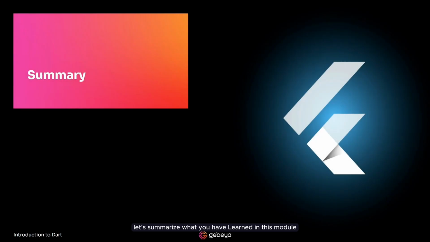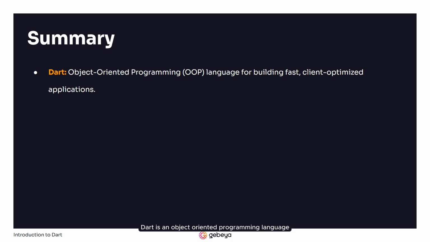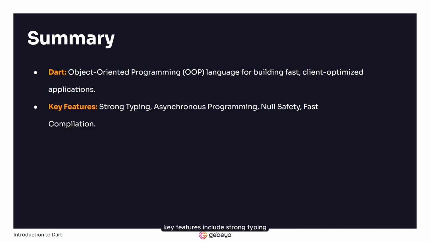Let's summarize what you have learned in this module. Dart is an object-oriented programming language designed for building fast, client-optimized applications. Key features include strong typing, asynchronous programming, null safety, and fast compilation.